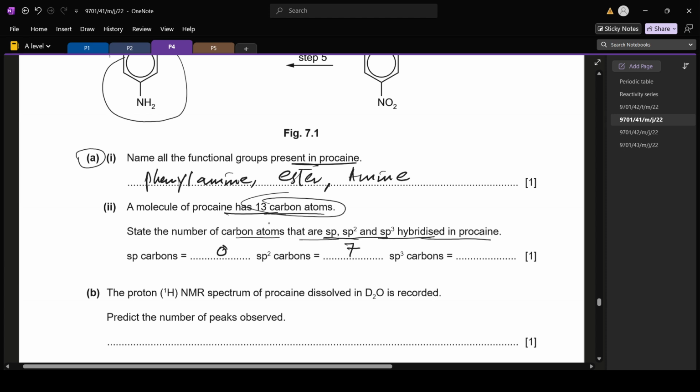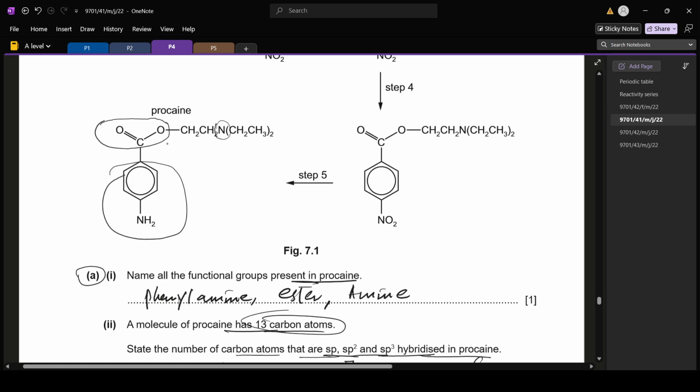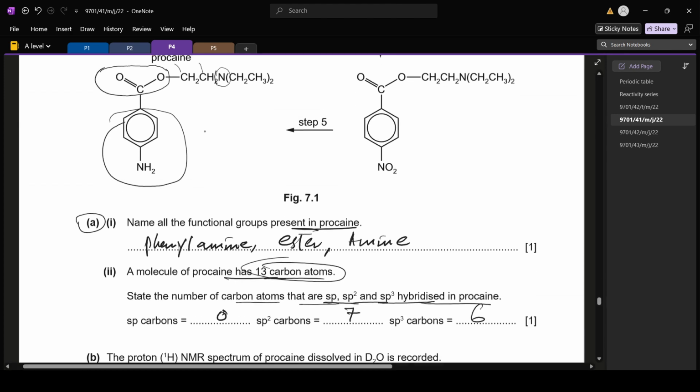Now you have 13 carbons, so the remaining 6 will have sp3 hybridization, and you can check from this formula as well. This is 1, 2, and then you have 3, 4, and these 4 carbons. So 4 plus 2, 6 carbons.